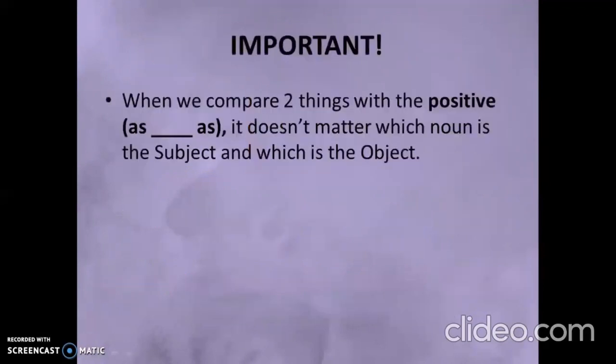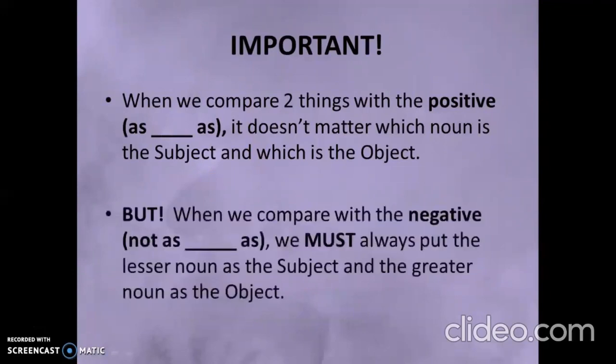When we compare two things with the positive as, it doesn't matter which noun is the subject and which is the object. But when we compare with the negative, not as, we must always put the lesser noun as the subject and the greater noun as the object.